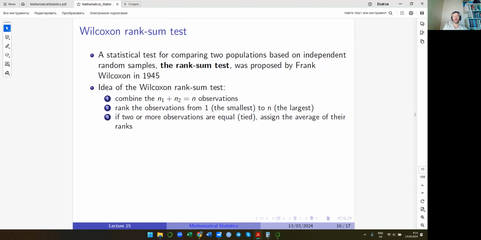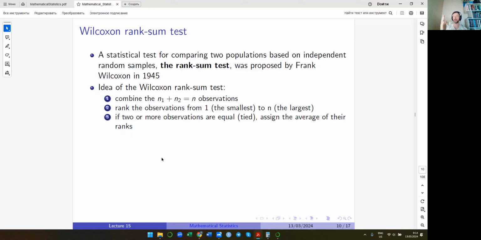Now, what do we do if there are two or more equal, or tied, observations? For example, we have 3 and 3, two numbers that are equal. We assign the average of their ranks.